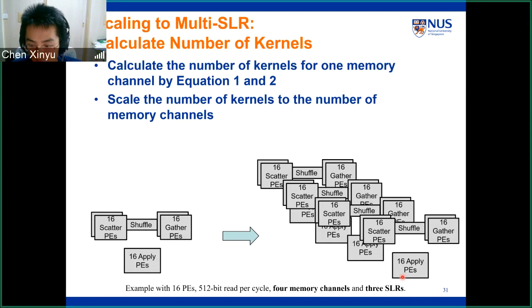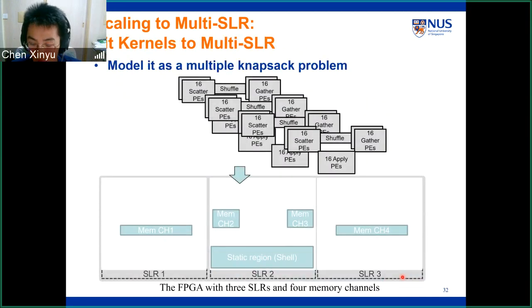After this calculation, we try to fit these required kernels into different SLRs. We model it as a multiple knapsack problem because different SLRs have different resource capacities, as some regions are occupied by built-in logic like the shell. Also, different kernels have different resource utilization.